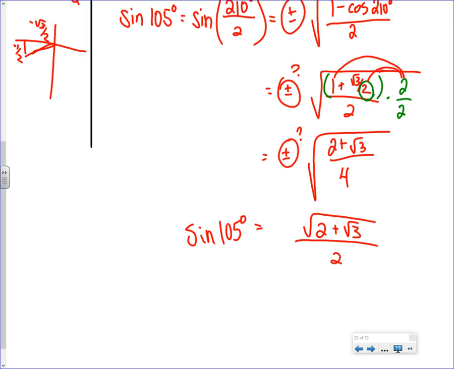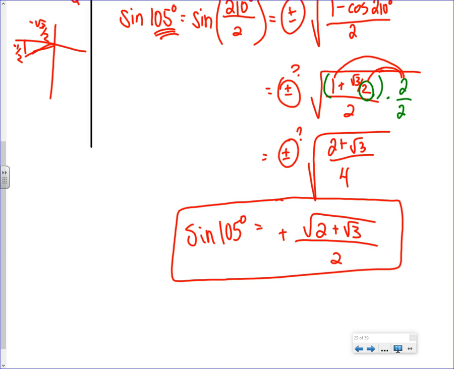So even though I'm using 210 for my purposes in the half angle formula, I'm actually finding the sign of 105, which is in the second quadrant, which is why I will establish this as a positive. I'm just writing the positive because that's me choosing and not just ignoring. But normally we wouldn't write the positive, we just leave it off and it's assumed to be positive.